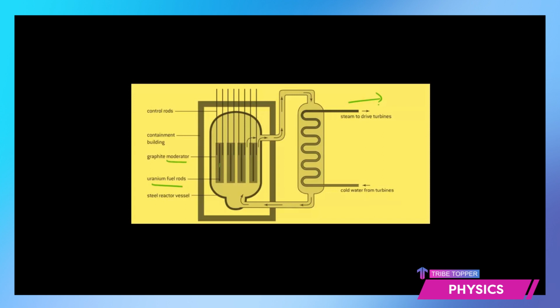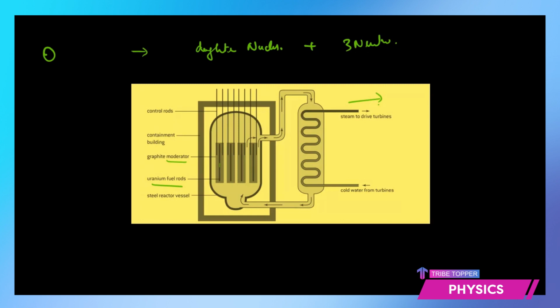There are graphite moderators. The problem with the nuclear reaction is that there's a fission reaction which happens here. When the uranium fuel rods or uranium nucleus is bombarded with a fast moving neutron, it hits the uranium fuel and produces a new daughter nucleus, but along with that it produces three neutrons.